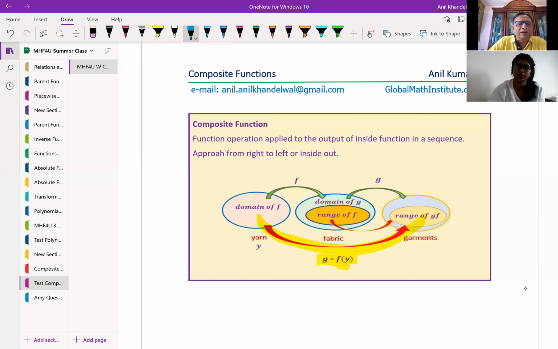There are many ways of writing this. We can write g of f of y without the circle, or just write gf like this. It means it's a composite function where g and f are there. Sometimes we put square brackets. These are normal ways. So there's a quick review.